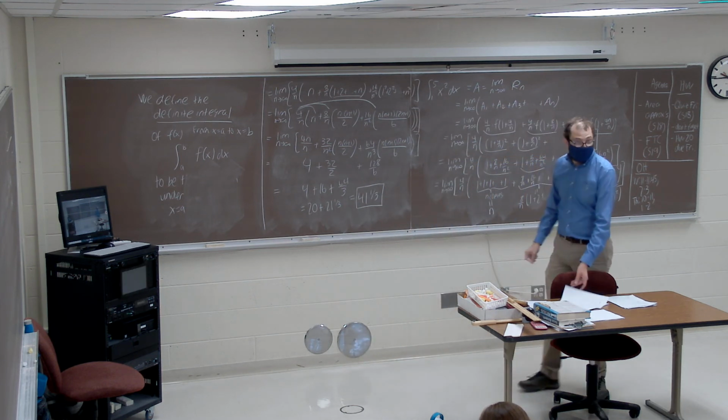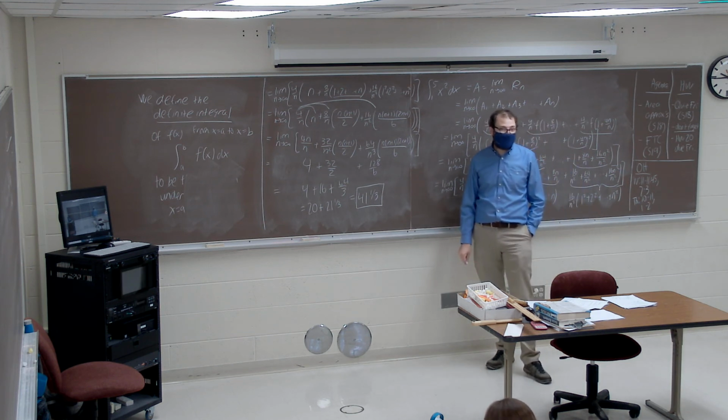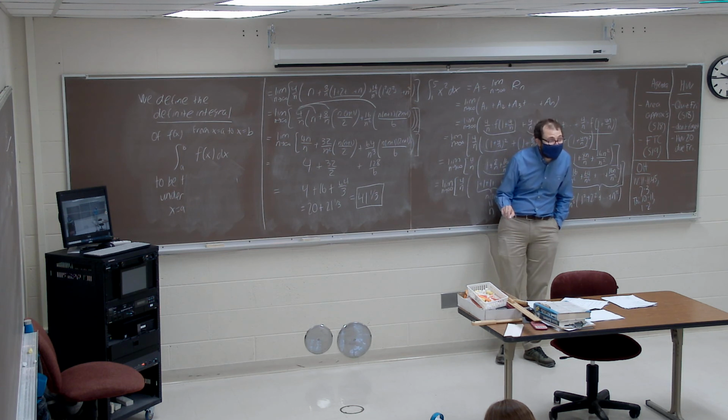Boom! We just calculated the area underneath the graph of f of x equals x squared from 1 to 5 exactly. Not just an approximation, but exactly.